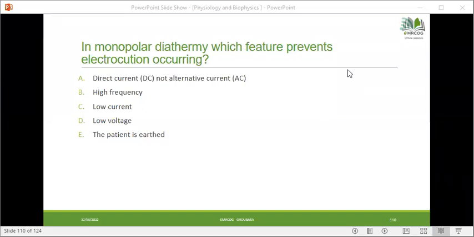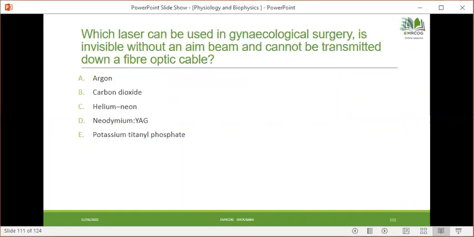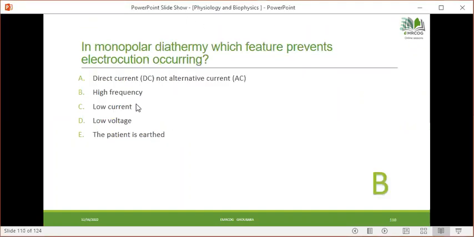I can show you a picture better than drawing. So the answer here will be because of the high frequency of monopolar diathermy, and I will tell you how. It has nothing to do with the current or the voltage, okay?